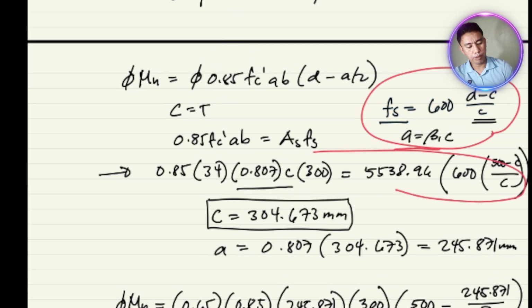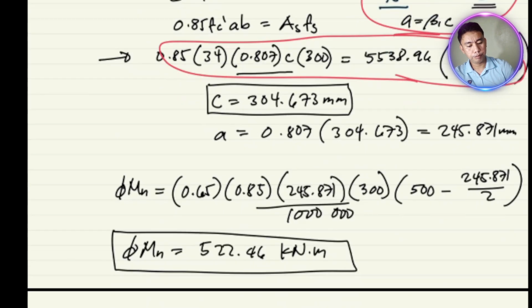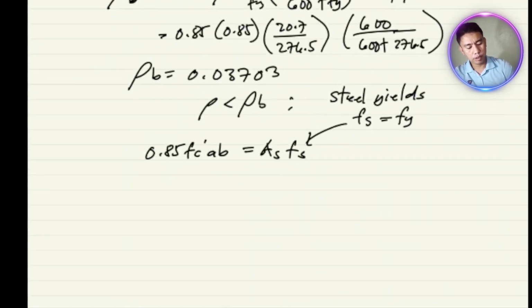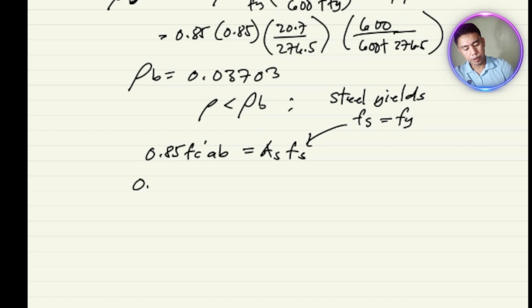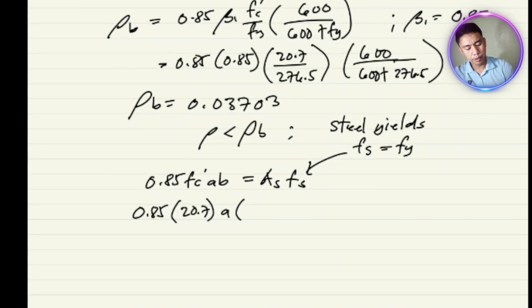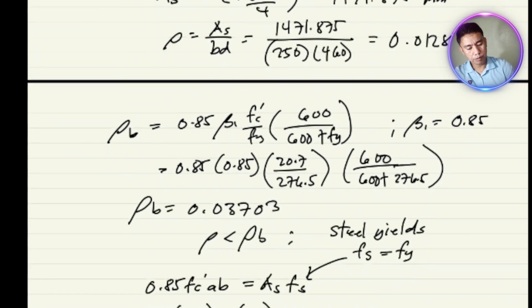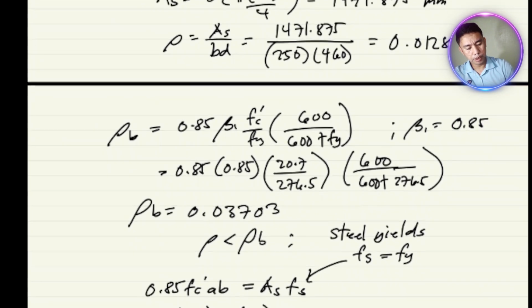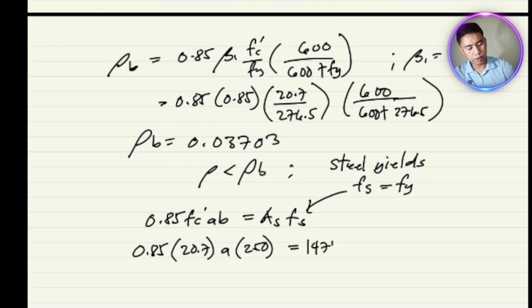And then the equation is a bit complicated. So, we can put 0.85 Fc prime, 20.7, times A. Our B is 250. 250 equals AS, area of bar, 1471.875, times Fs.